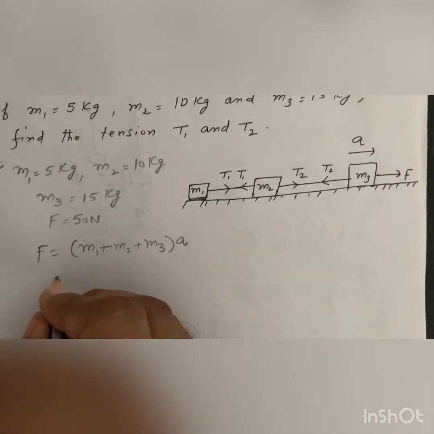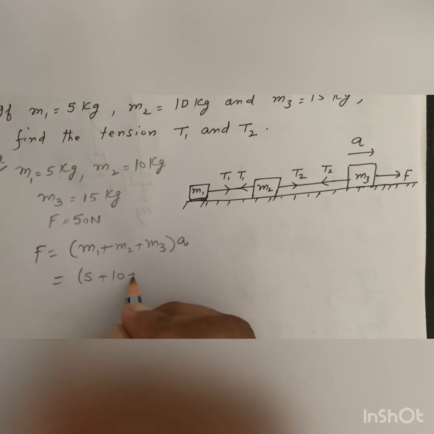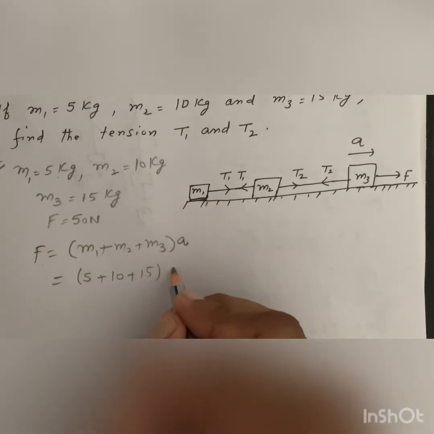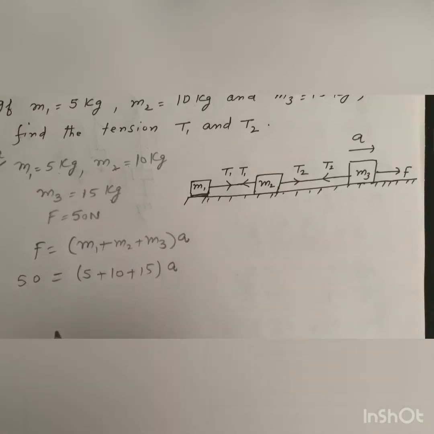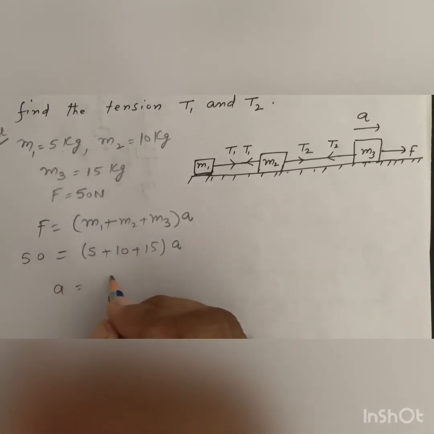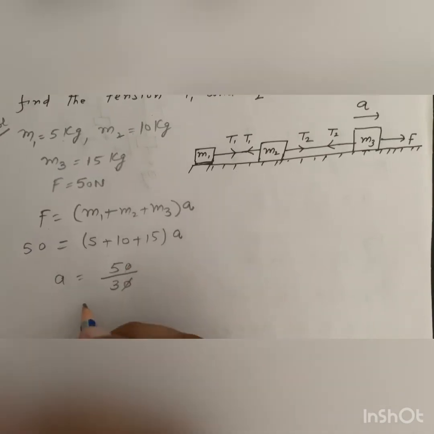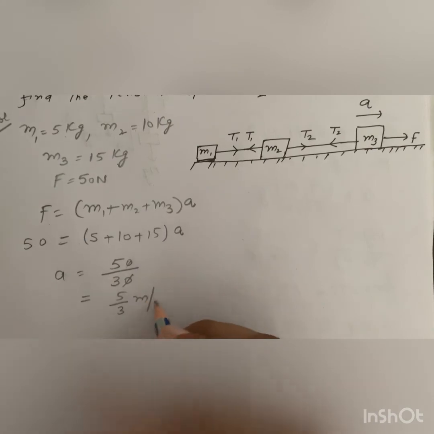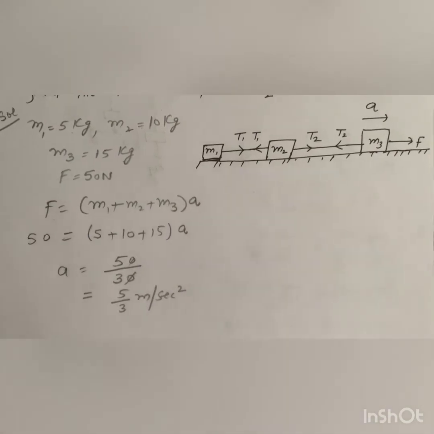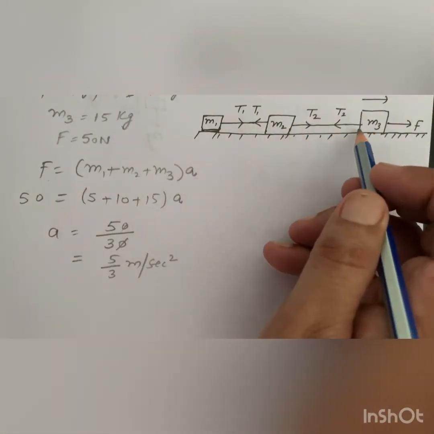So here we get M1 5 plus M2 10 plus M3 15 times a, and F is 50 Newton, so acceleration is 50 over 30, that is 5 over 3 meter per second squared. Now we want to find the tensions T1 and T2.